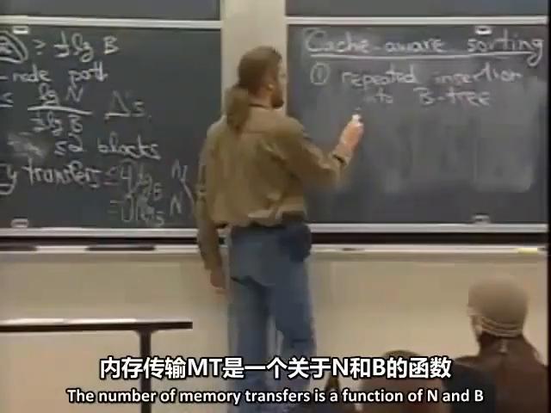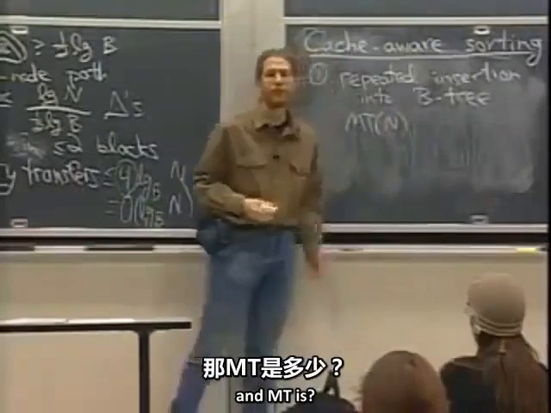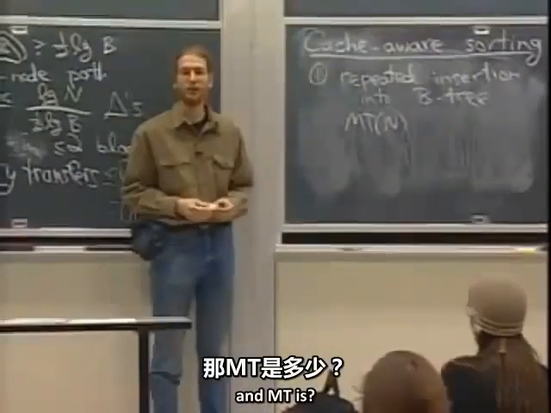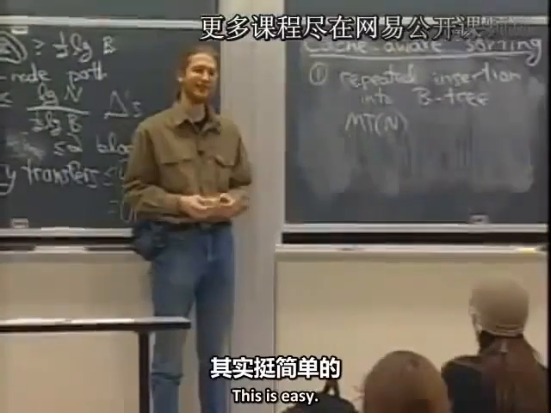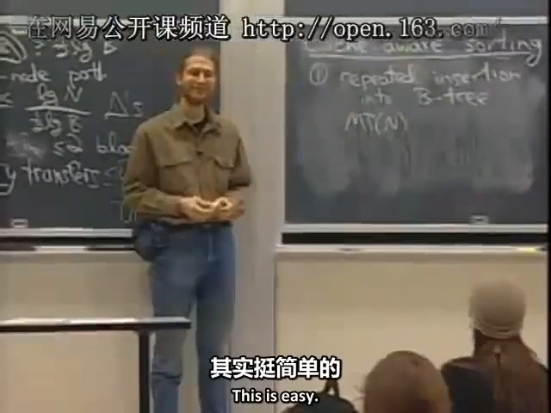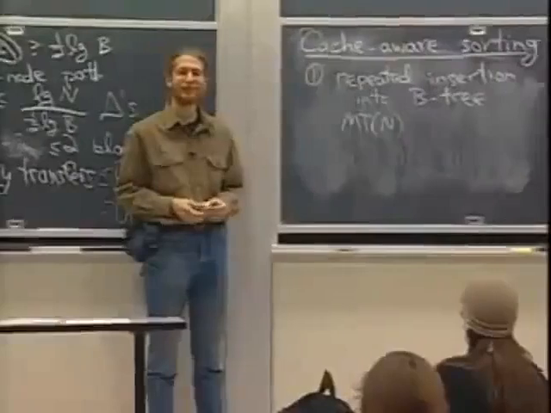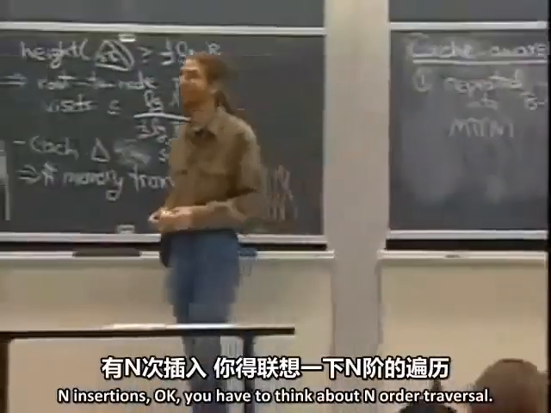The number of memory transfers is a function of n, B, and M. This is easy. n insertions. You have to think about the in-order traversal.